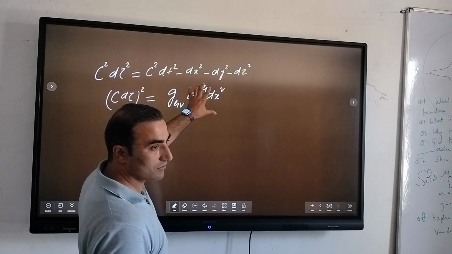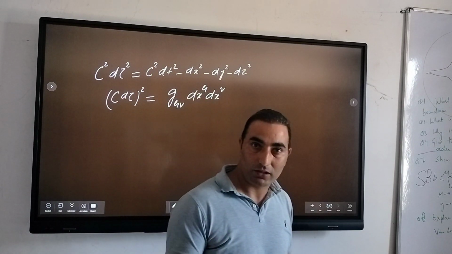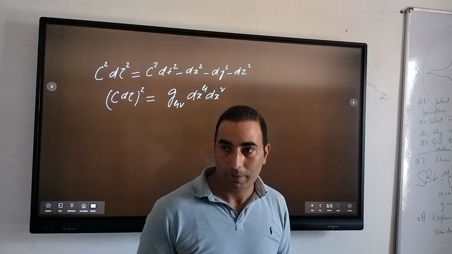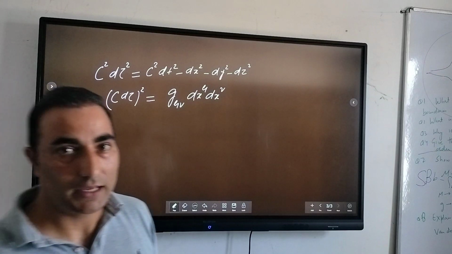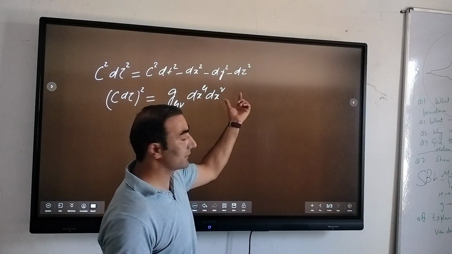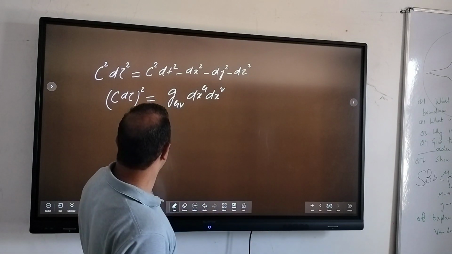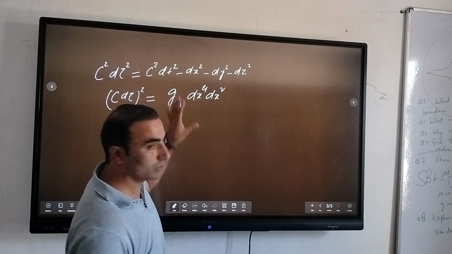If you expand this term, because our mu runs from 0 to 3, that is 0, 1, 2, 3, similarly this dx mu runs from 0 to 3. So we can rewrite this as c d tau equal to this one, right?